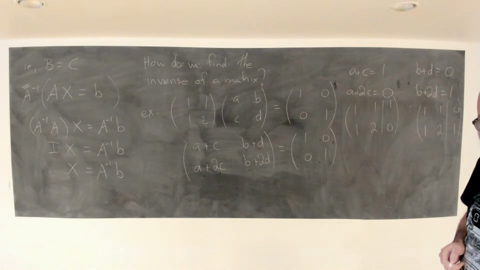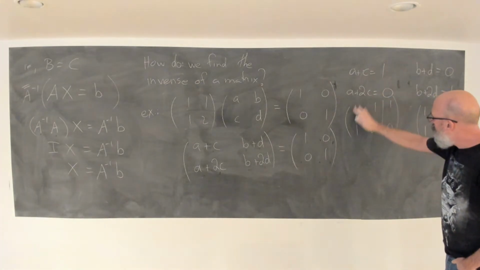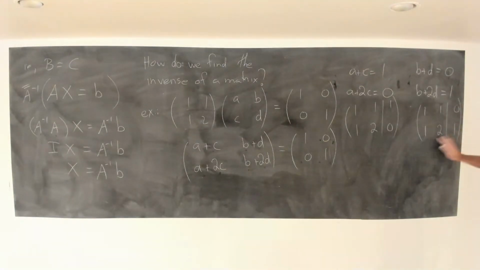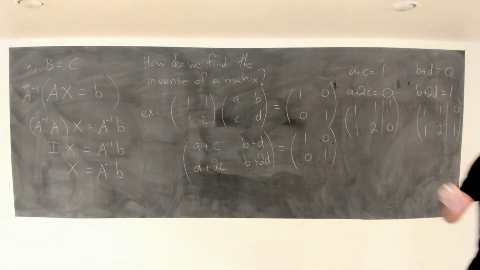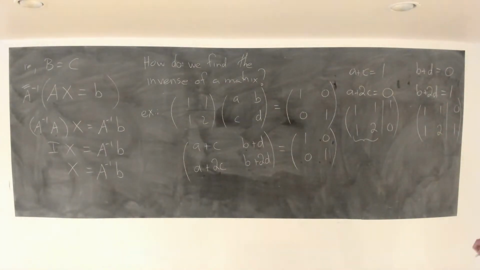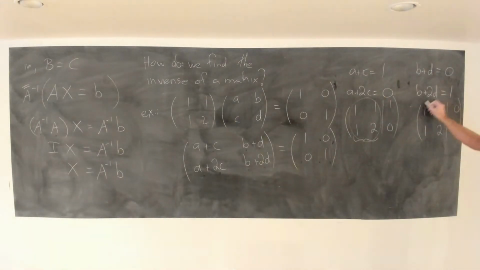And now take a step back. You could row reduce this to reduced row echelon form and read off the solution. But if you take a step back, notice that this 2 by 2 matrix here is the same as this one.